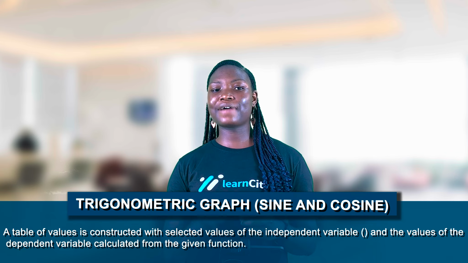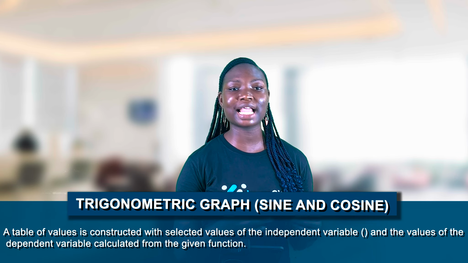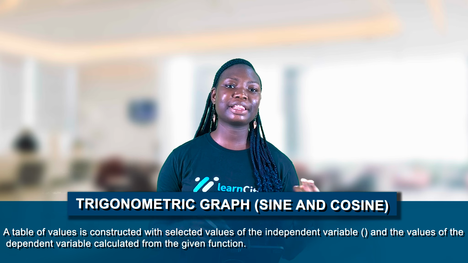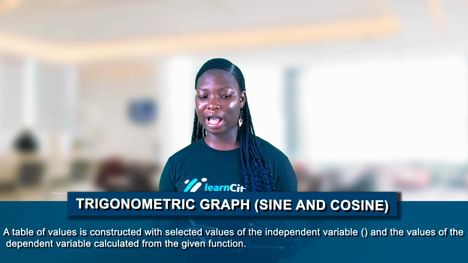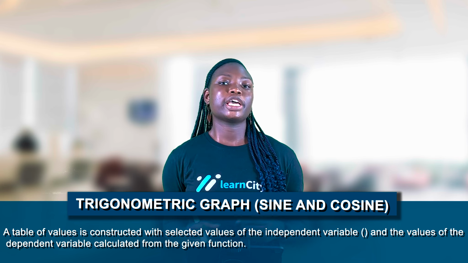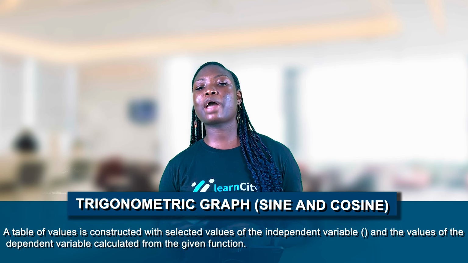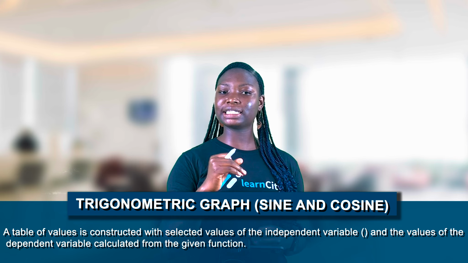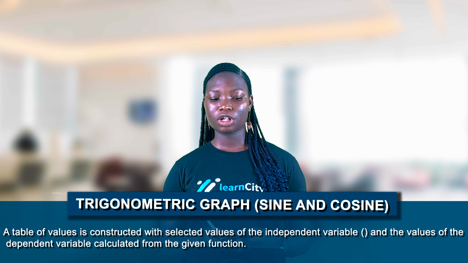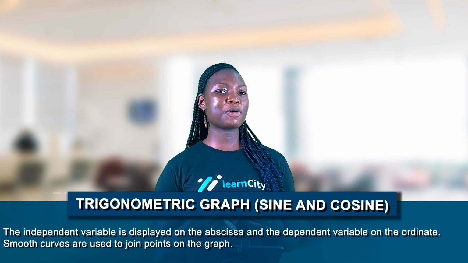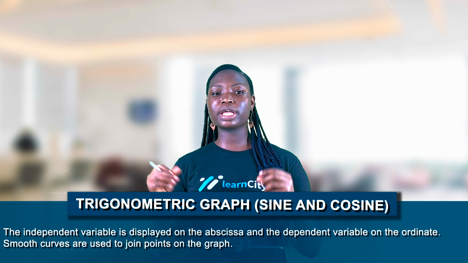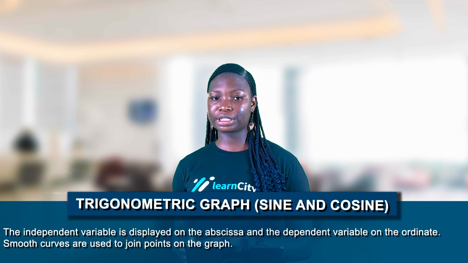A table of values is constructed with selected values of the independent variable and the values of the dependent variable calculated from the given function. The independent variable is displayed on the axis while the dependent variable is displayed on the coordinates.